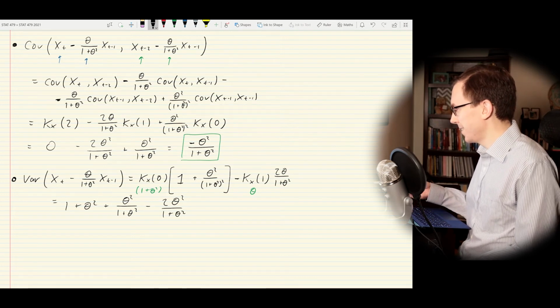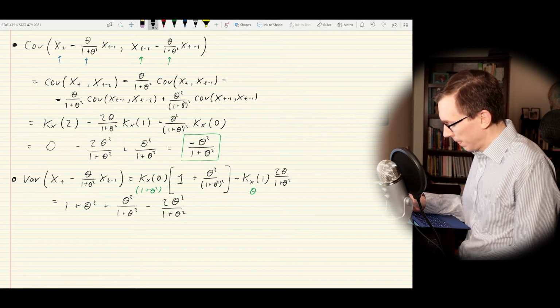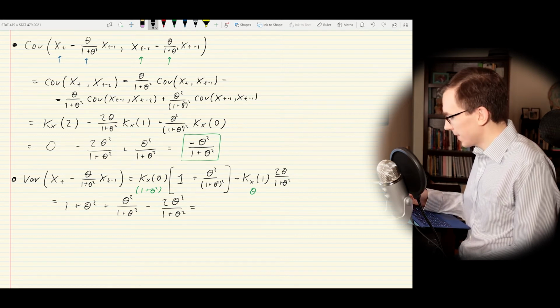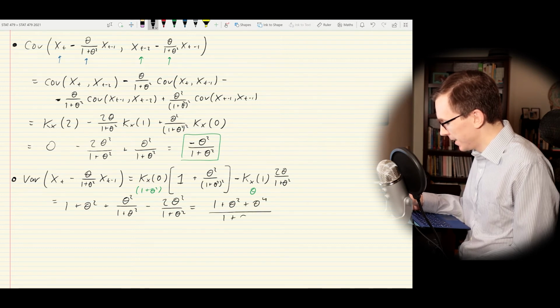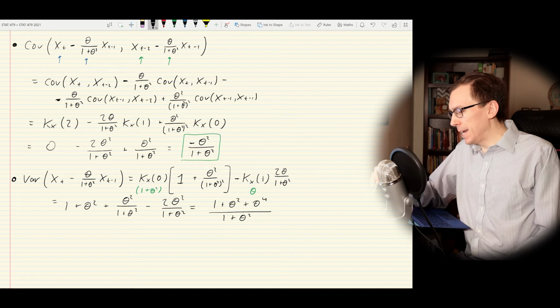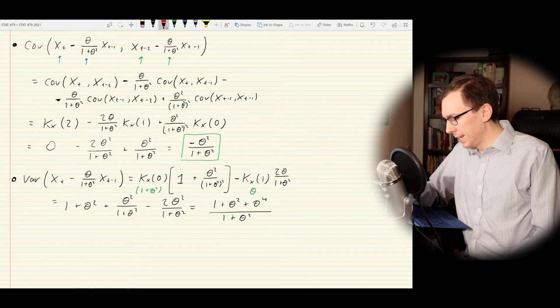All right, we can simplify this a little bit. I'm just going to skip the step and simplify it to be 1 plus theta squared plus theta to the 4th, divided by 1 plus theta squared. Basically, this guy cancels out with that 2.